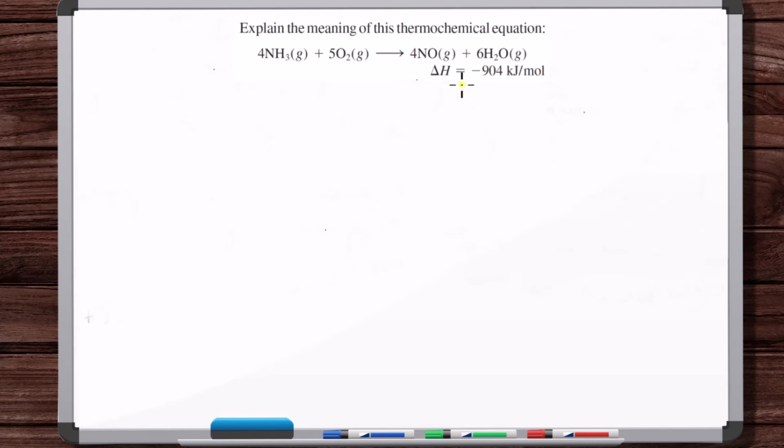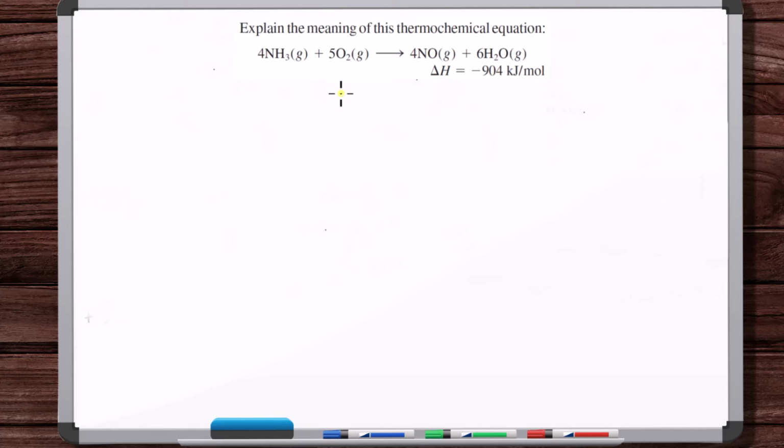When you have something per mass, like density, that density doesn't change if you increase the amount of mass, because it's normalized. So it almost seems like if we multiply this equation by 5, it's still the same change in enthalpy per mole of reactant, per mole of product. But that's not the way it is.